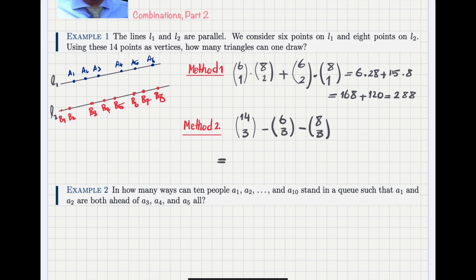I use my calculator to calculate them. Hopefully, if I haven't done anything wrong, these two should give the same answer. Let us check. So 14 choose 3, minus 6 choose 3, and then again minus 8 choose 3, yes.